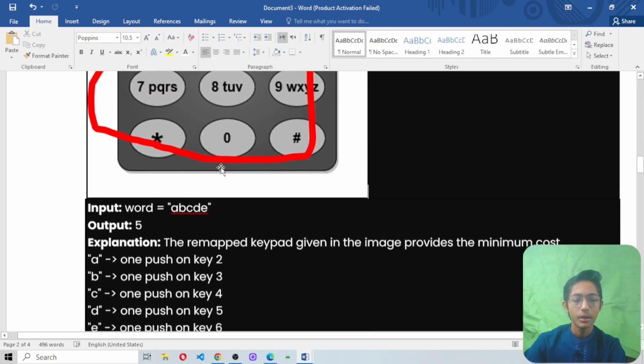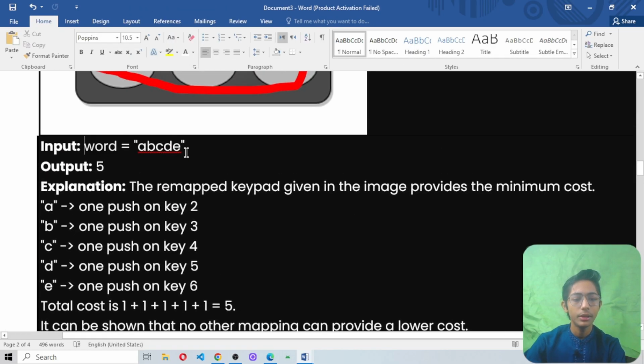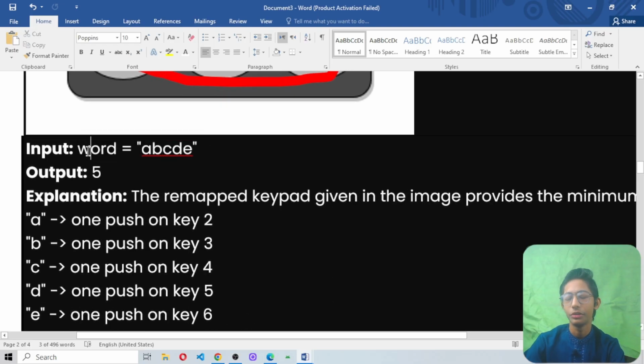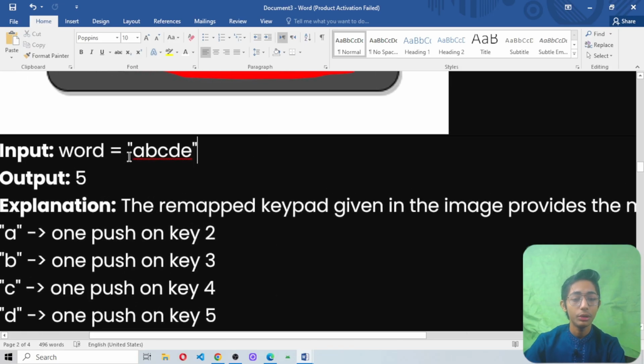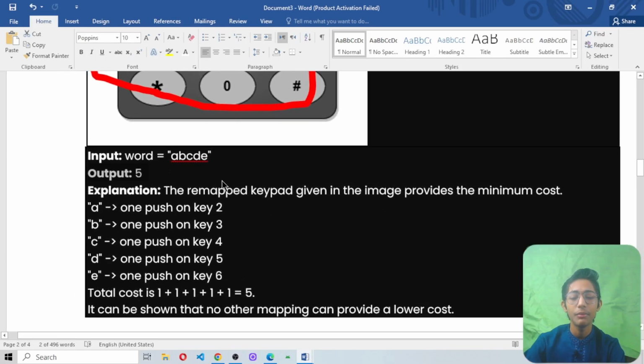Here you get a string word, "abcde", and the output is 5, because the remapped keypad given in the image provides the minimum cost.